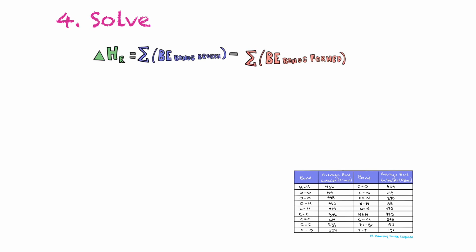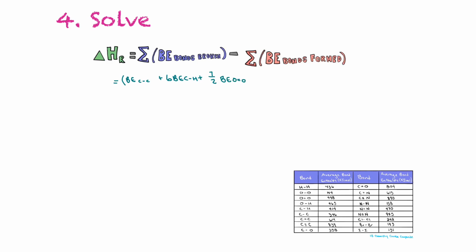So that's equal to the bond energy of carbon-carbon plus 6 times the bond energy of carbon-hydrogen plus 7/2 times the bond energy of the oxygen double bond.